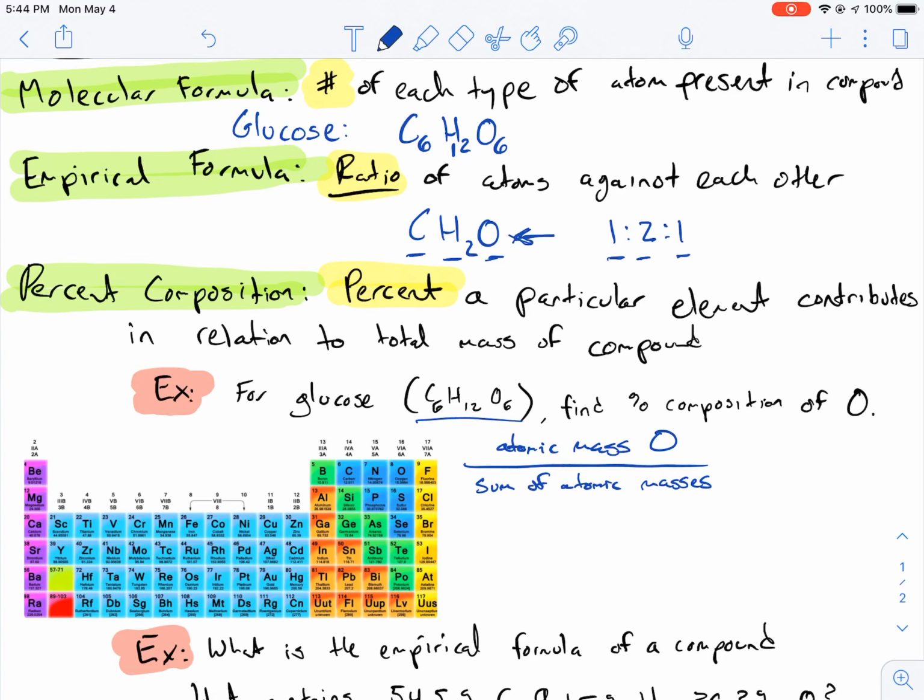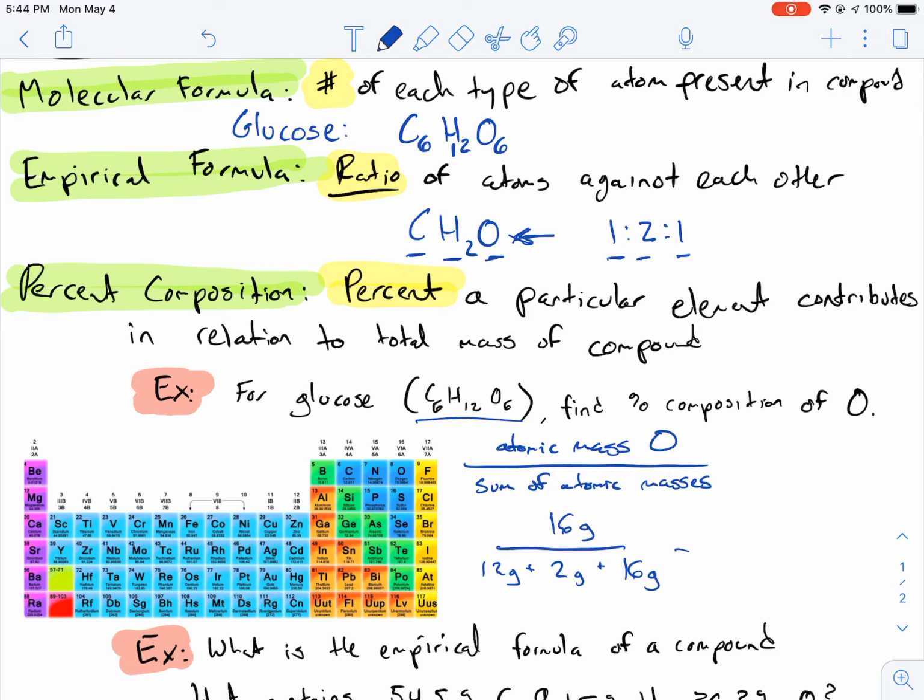The atomic mass of oxygen is approximately 16, right? So we have 16 grams over the sum of that entire glucose molecule. So we have 12 grams plus 2 grams plus 16 grams.